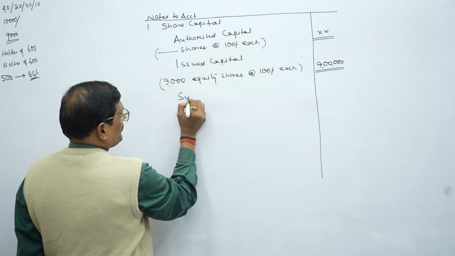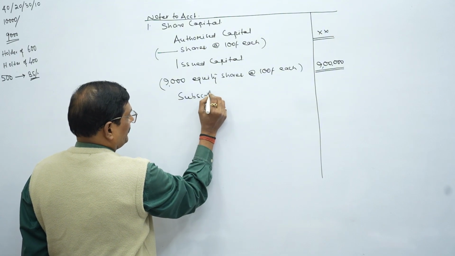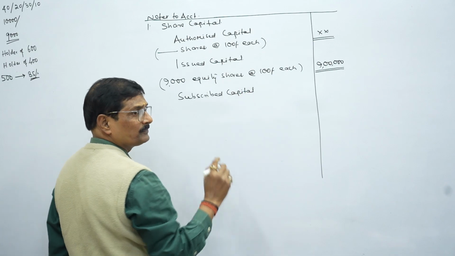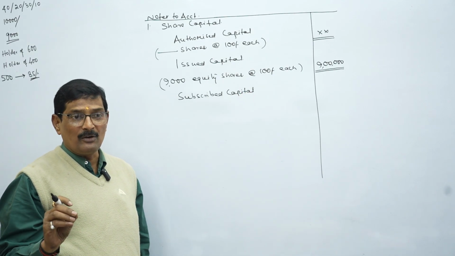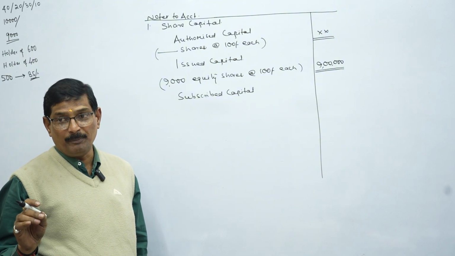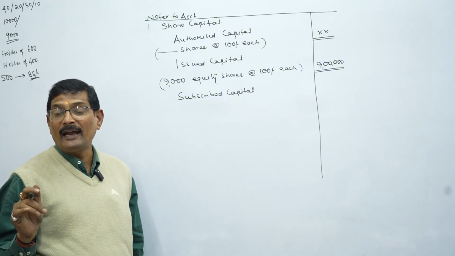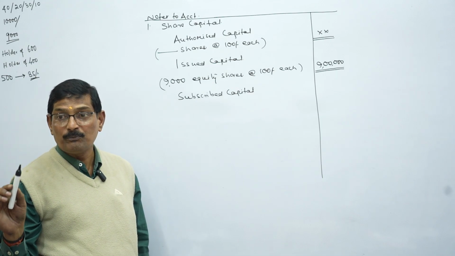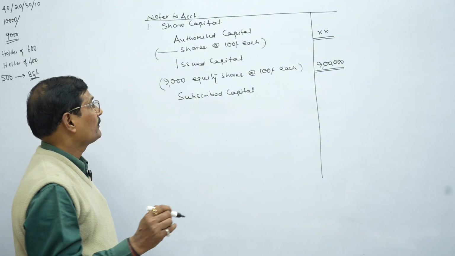Thereafter, subscribed capital. Here there are two parts. One is subscribed and fully paid, and another one is subscribed but not fully paid. In this question, it is given that 500 shares were reissued at 85 fully paid. Right?